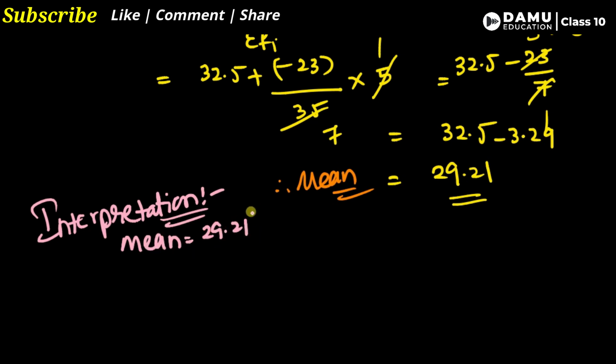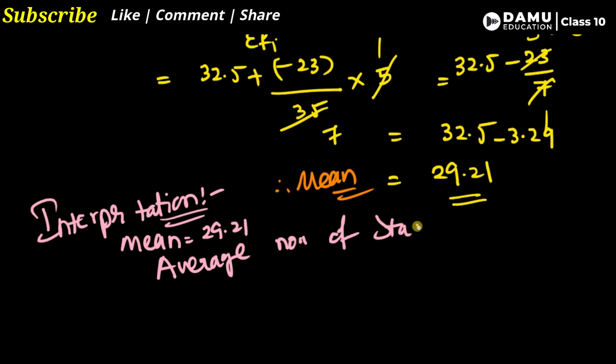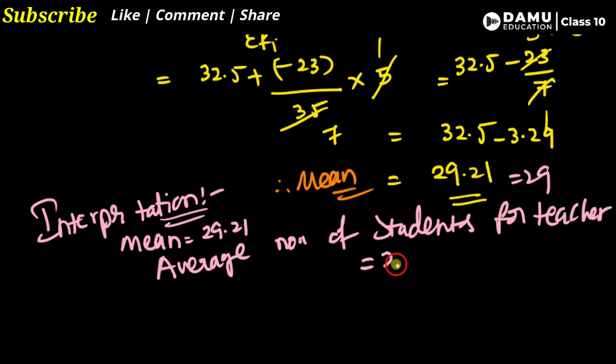That is, you can say average teacher student ratio, average number of students for teacher in the state, that is 21.